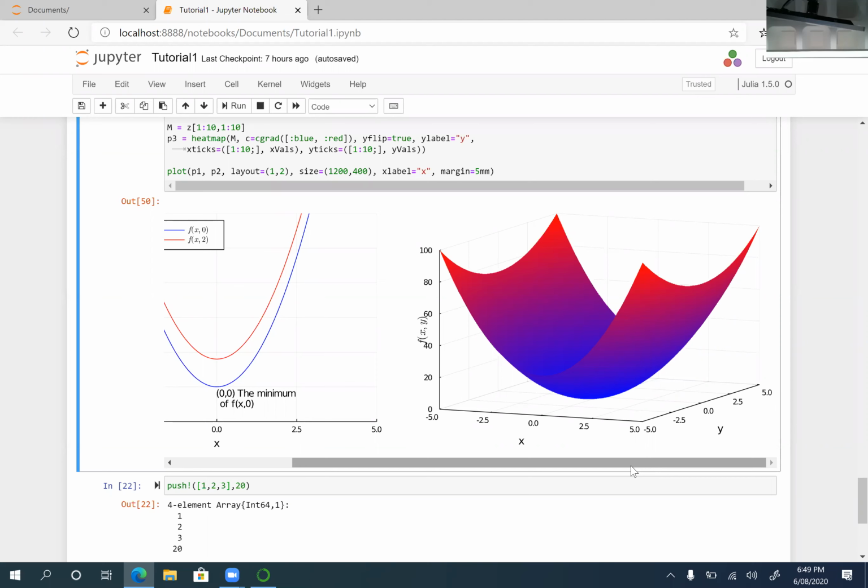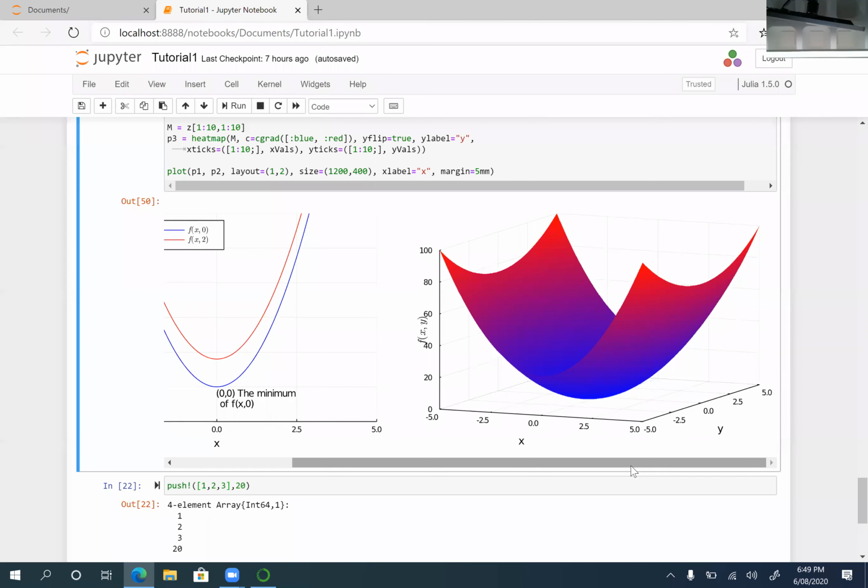So in my laminated notes on several important commands in Julia, I've got that push is basically appending a number onto an array. And here I have an example in the cell labeled 22 below. Push exclamation, round bracket, and then the first entry there is an array, just 1, 2, 3, and then comma 20.